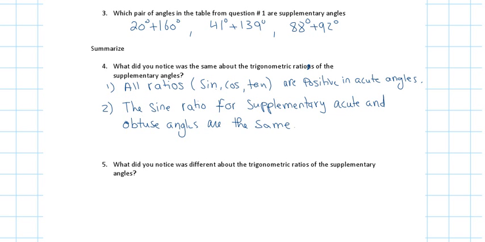What did you notice was different about the trig ratios of the supplementary angles? What was different? Cosine and tangent. So the cosine and tangent are what for the acute? Positive. And negative for the obtuse. Yes.